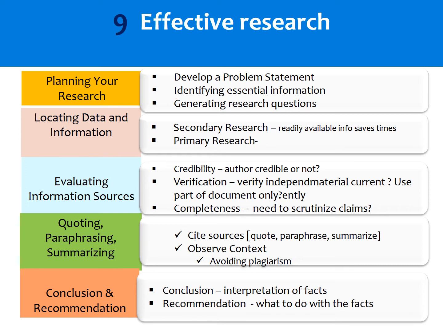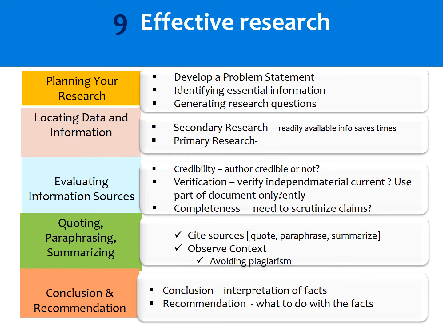How do we locate data and information that's required for our research? Two ways to do this, and this is a typical research method. The first one is secondary research. The second one is primary research.